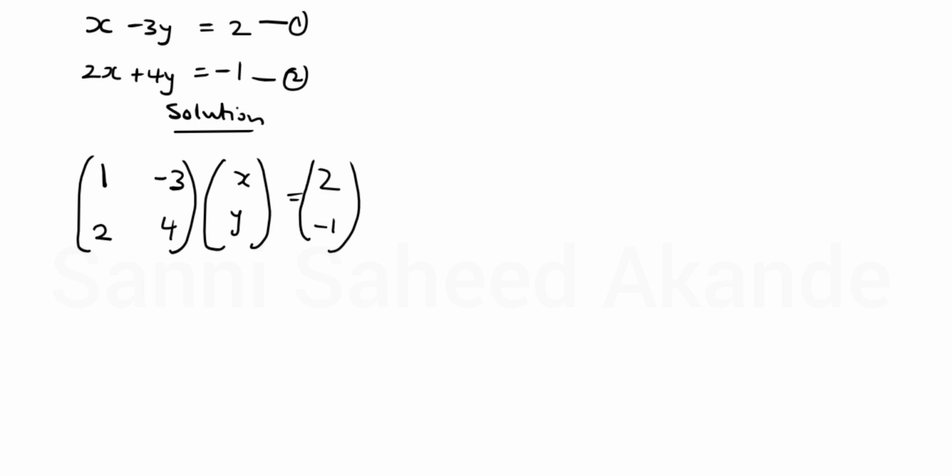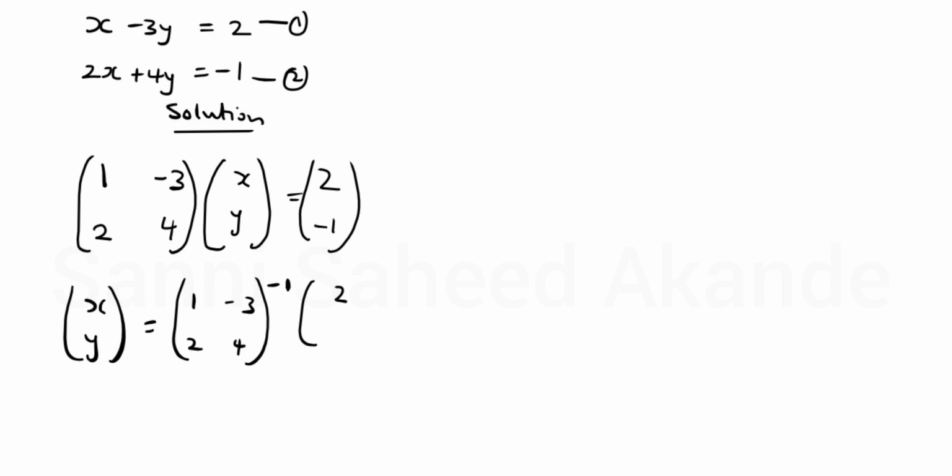As usual, our x and y will be equal to the inverse of this matrix, that is the coefficients of x and y here, multiplied by 2 and -1.